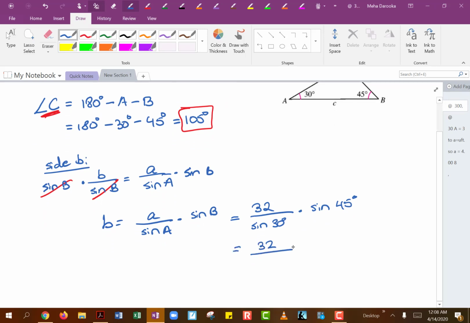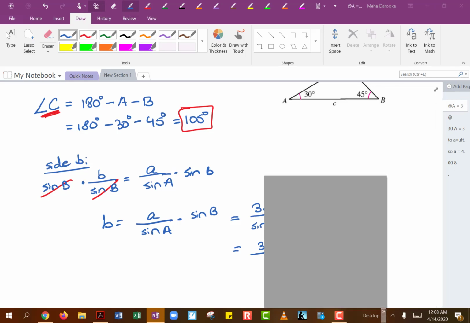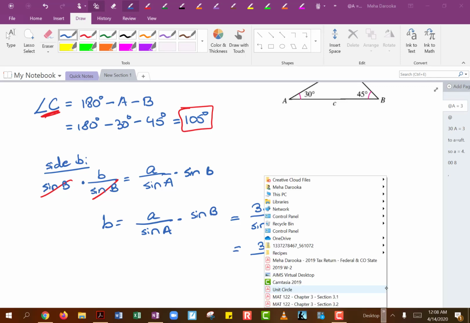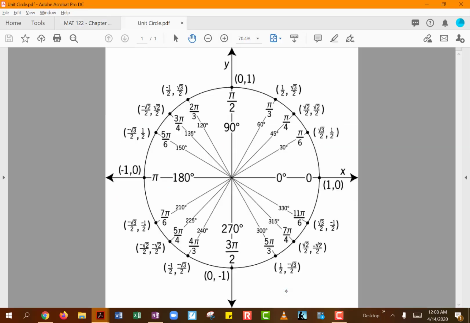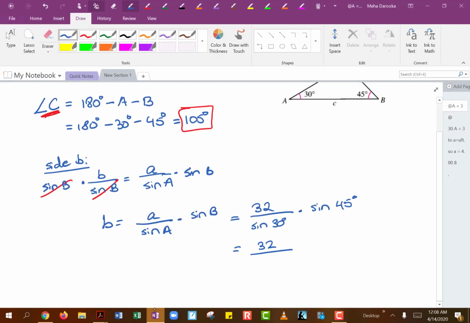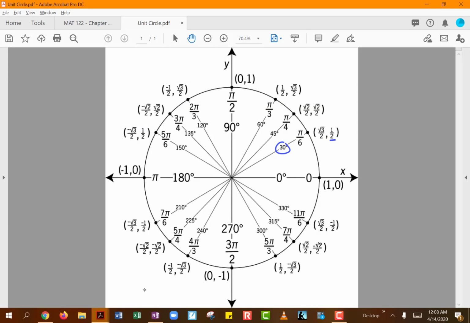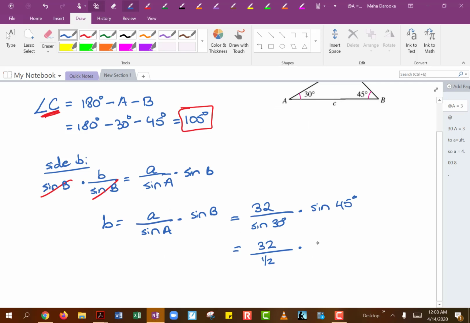Sine of 30 degrees is going to be 1/2, and then sine of 45 degrees is going to be square root of 2 over 2.